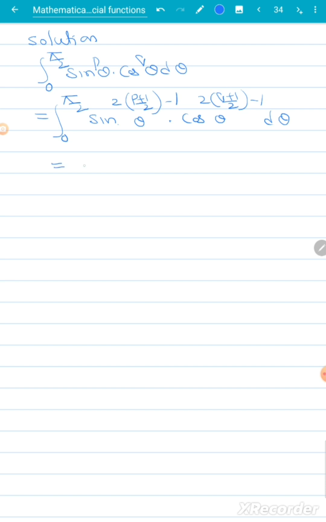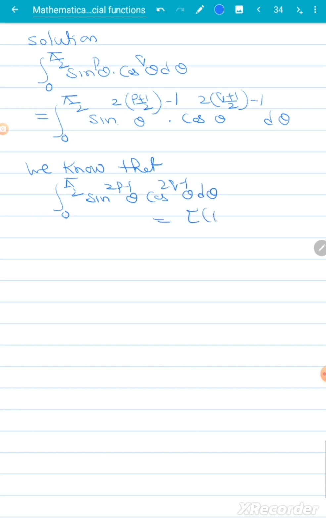So we know that integration 0 to pi by 2 sine to the power of 2p minus 1 theta and cos to the power of 2q minus 1 theta d theta is equal to gamma of p into gamma of q by 2 into gamma of p plus q. So it is seen in the same form.